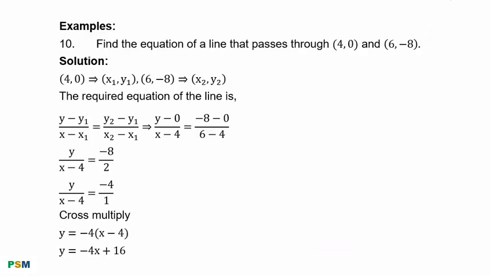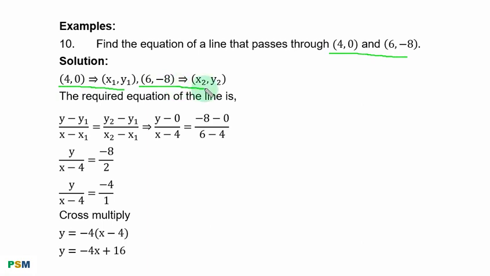Example number 10. Find the equation of a line that passes through these 2 points. Solution. The first ordered pair implies x1, y1. The second ordered pair implies x2, y2.